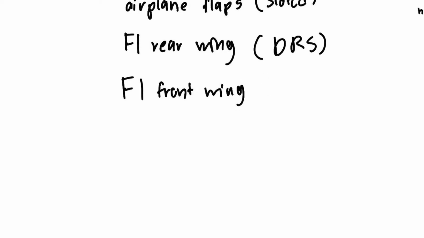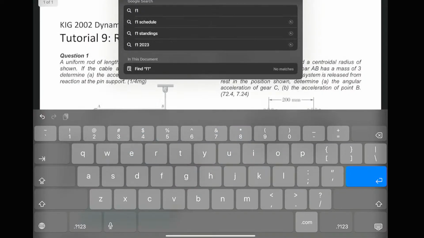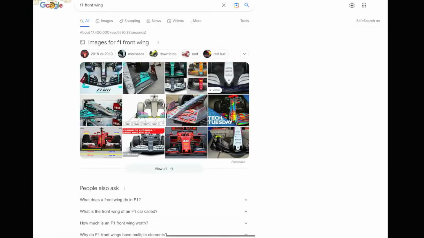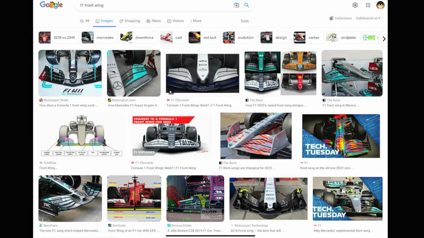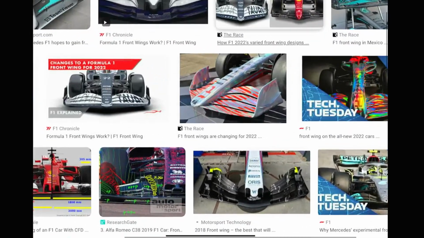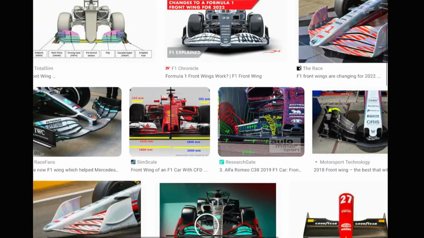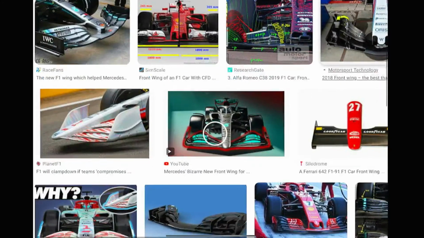Now let me show you the F1 front wing. So yeah, where do we start?